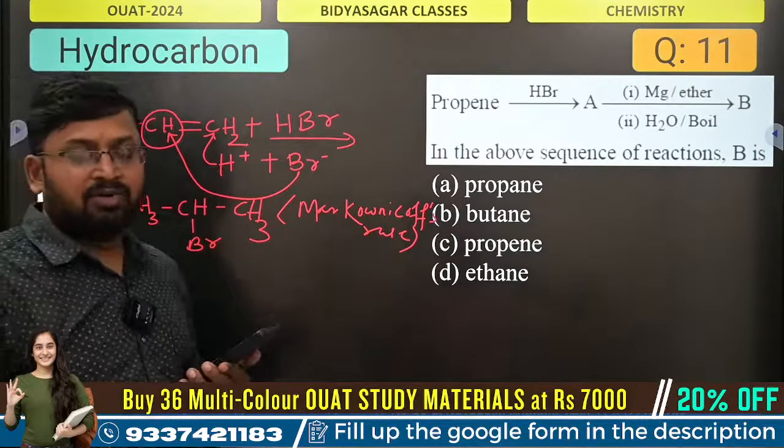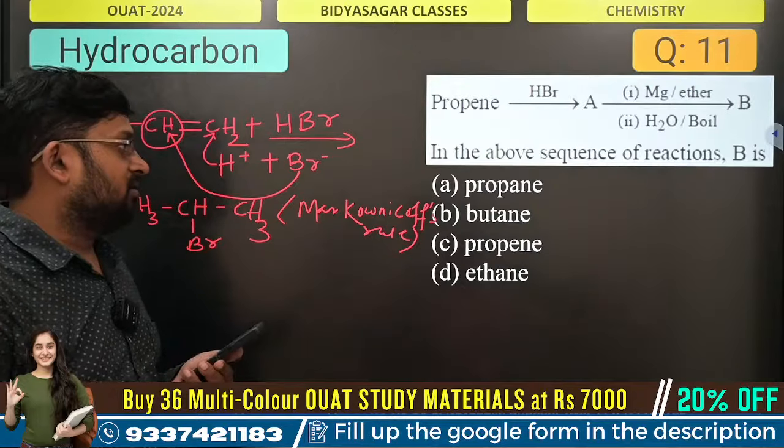With organic peroxide, it undergoes anti-Markovnikov's addition, the Kharasch effect or peroxide effect.